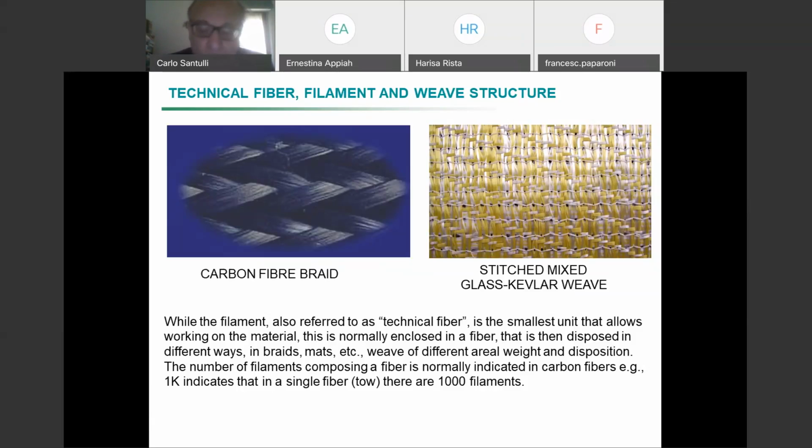But I cannot go below the single filament unless I use procedures like in the production of graphene, where I really build the nanofiber from below, from assembling carbon atoms.